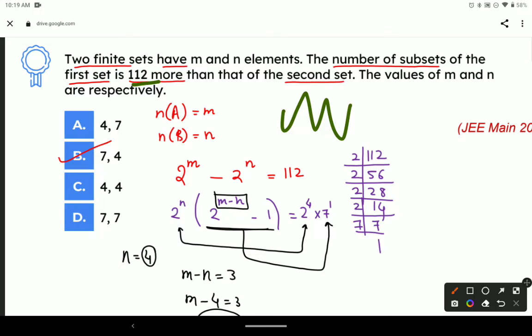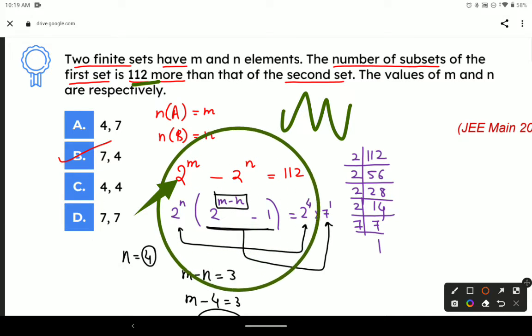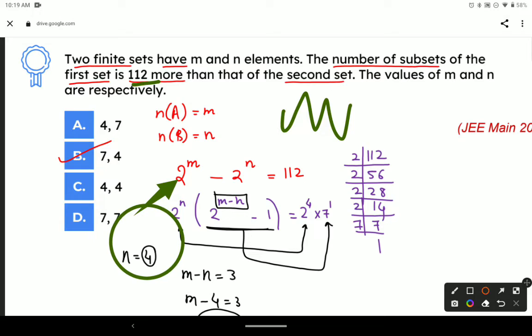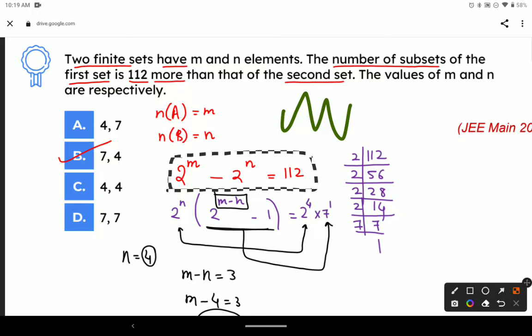See, 2 power m minus 2 power n is equal to 112.